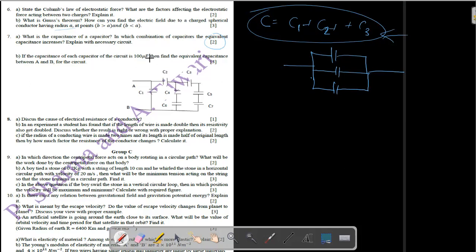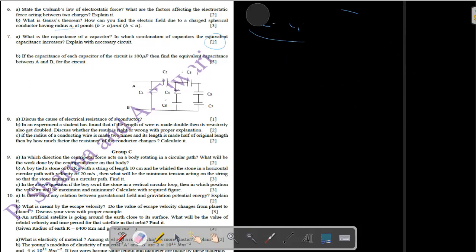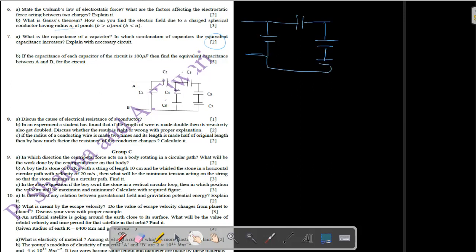Now let us move to the question number 7b. If the capacitance of each capacitor is 100 microfarad, then find the equivalent capacitance for this circuit. So we have to just break this circuit into simple form, though it is given in simple form. So I'm drawing it in a slightly different way.